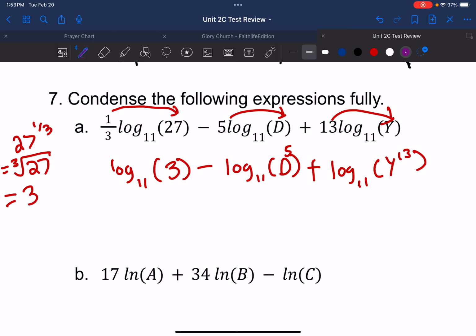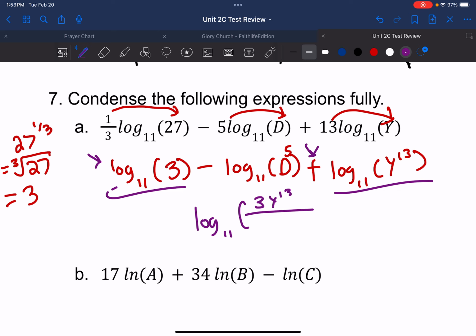So I'm going to multiply these two underlined here for the top, so log base 11, because this is positive here and this is positive here. So I've got log base 11 of 3y to the 13th over, then this is negative, so I'm going to put d to the 5th on the bottom.